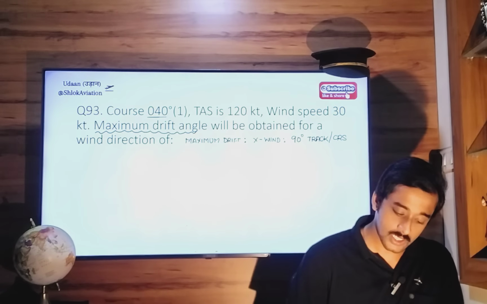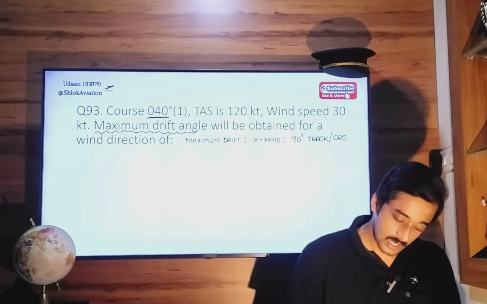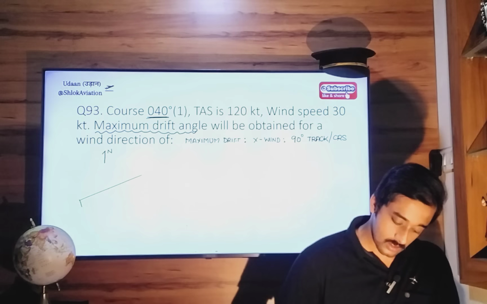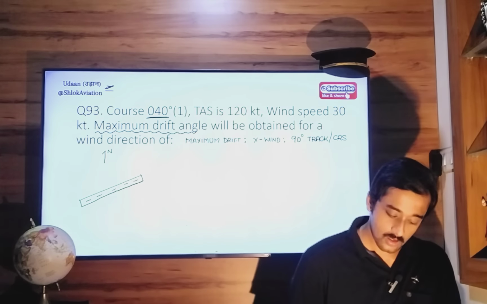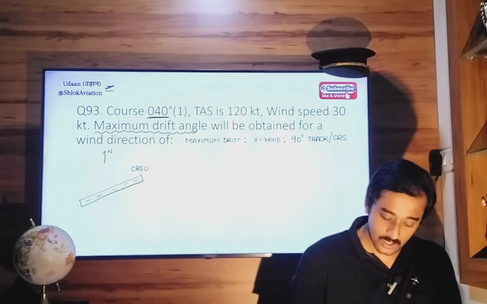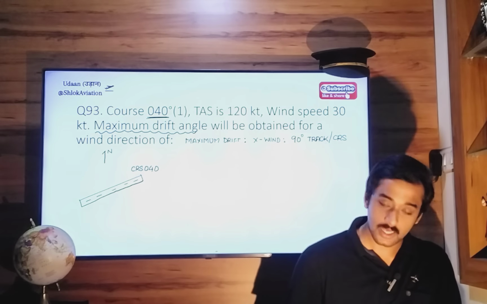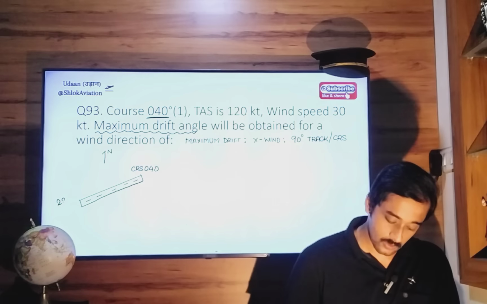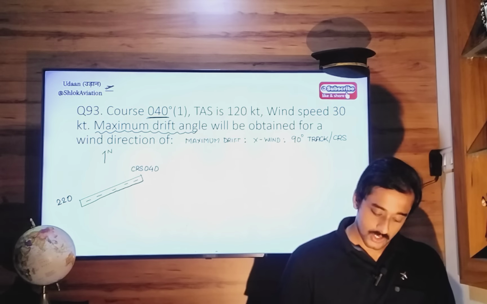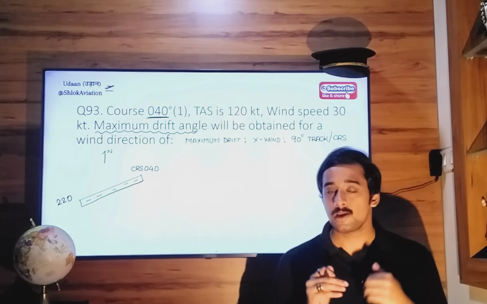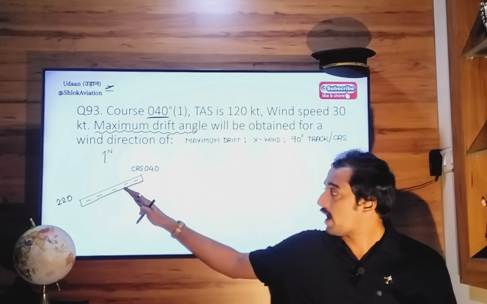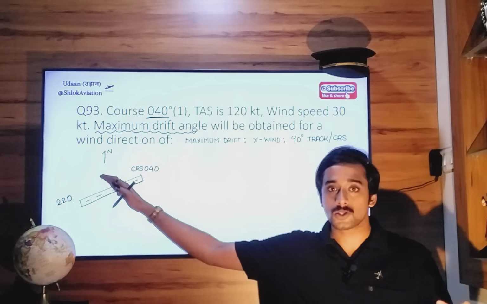Now your course is 040. So let's say this is your north datum. This is your course 040 and the reciprocal of which is 220. So a wind direction which will be completely perpendicular to your course, at 90 degree to your course 040.